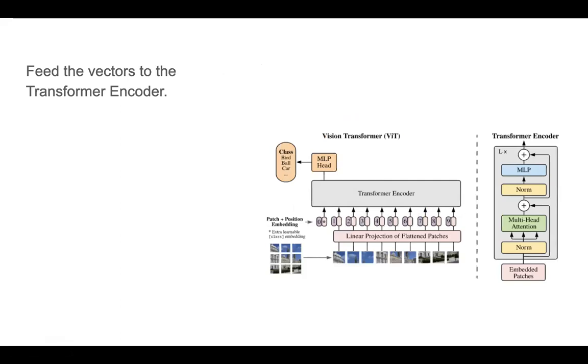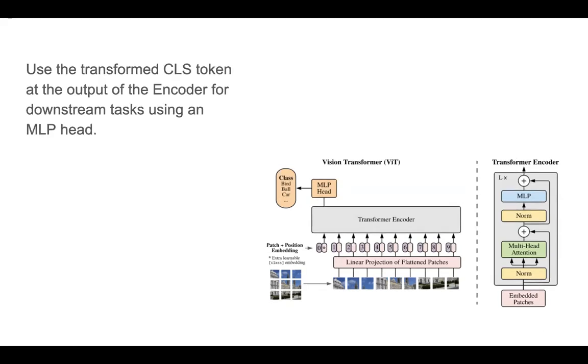After this, all those vectors are fed into the ViT model. This ViT model is just a transformer encoder, as we see towards the right hand side of the image. We just feed all those vectors into the model, and we just read out the final representation of this CLS token towards the end to classify our things.